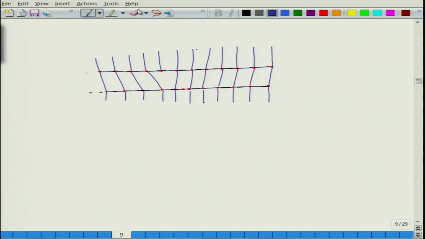So, let me remove this one which is in between. So, these are basically atoms sitting here, here, all the places. All right. So, the dislocation width is basically a function of bonding first of all.